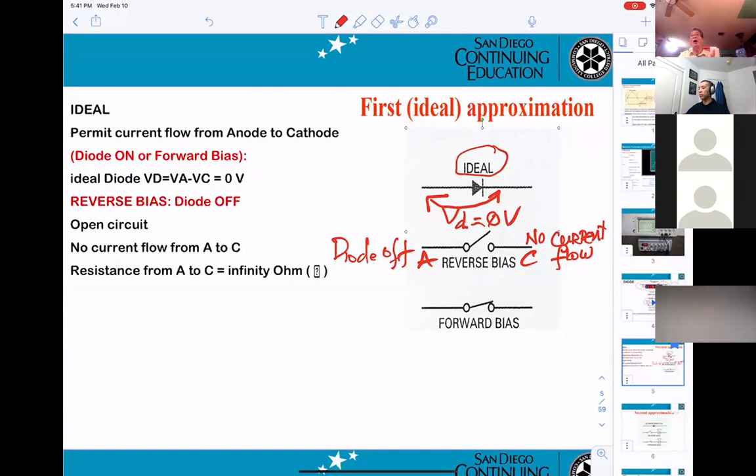Now if it is off, that means reverse bias. It looks like an open.